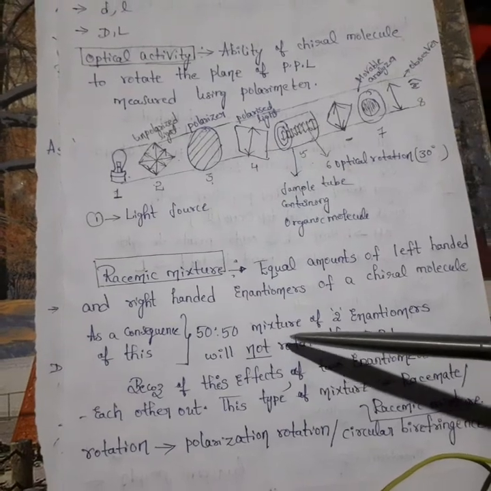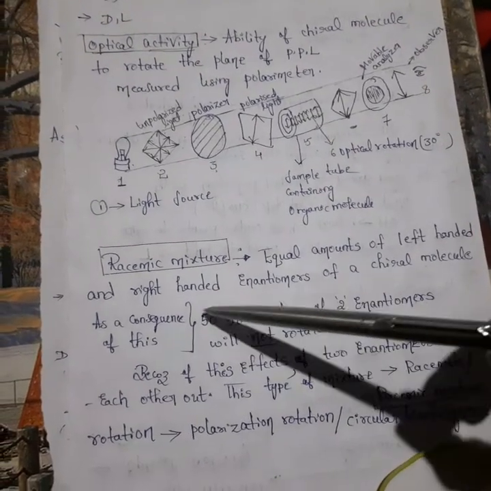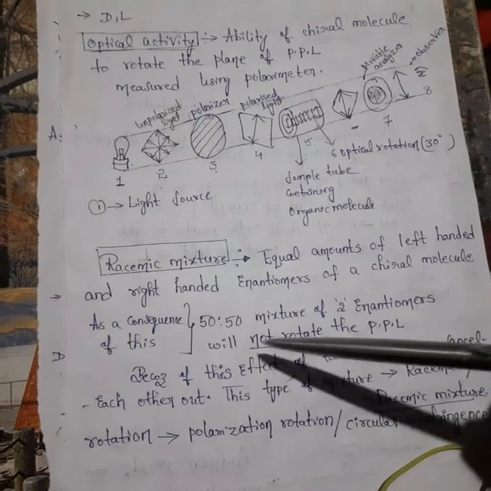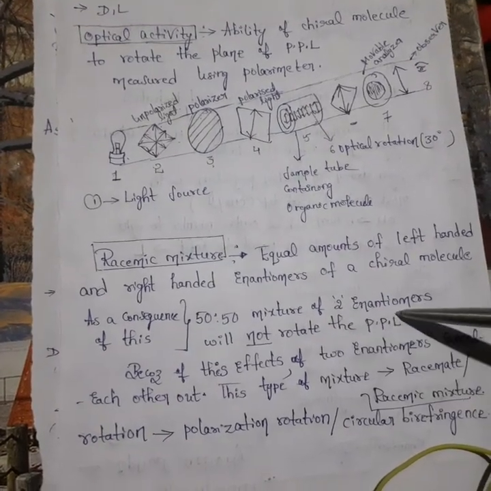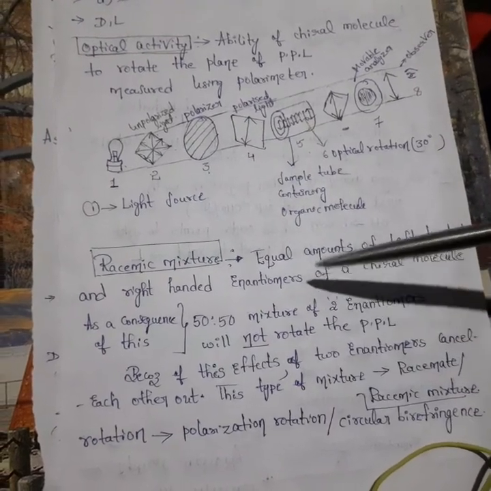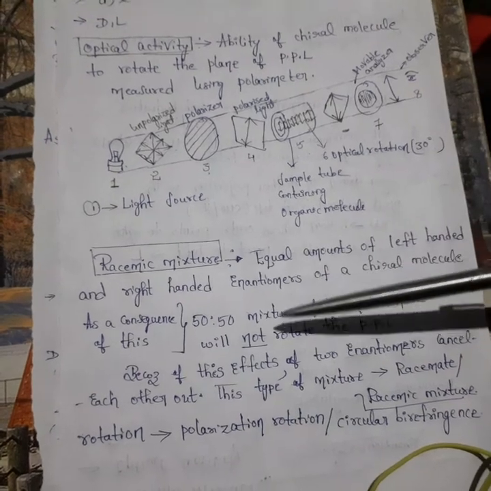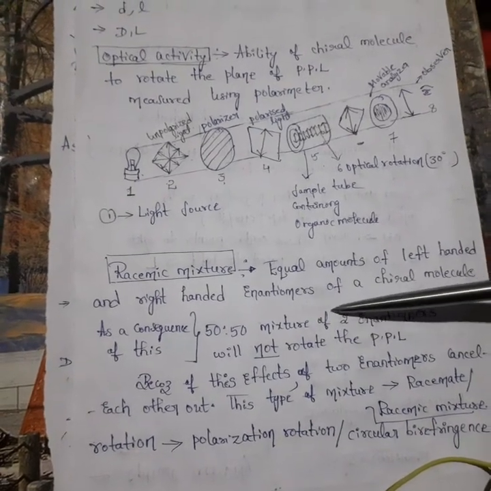So in this mixture of two enantiomers, as they are in equal amounts, it will not rotate the plane polarized light. The two enantiomers get cancelled because they are in equal amounts.